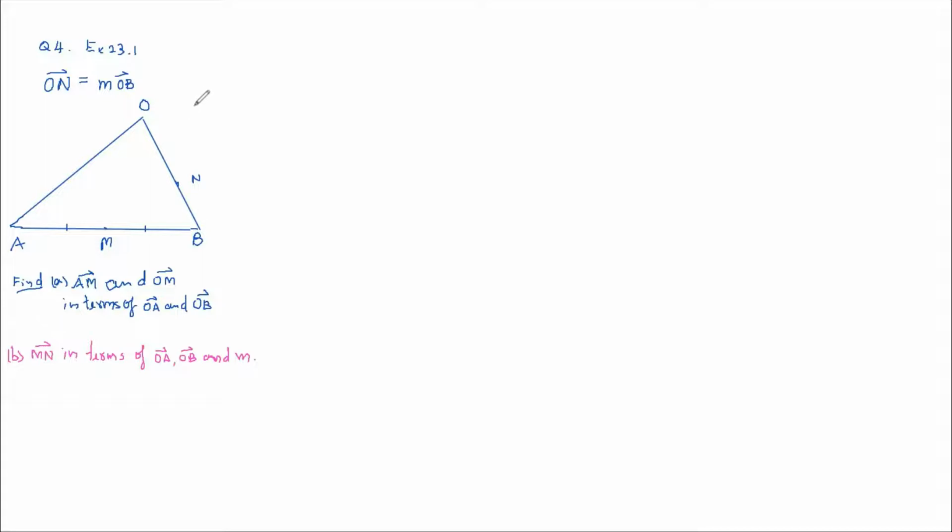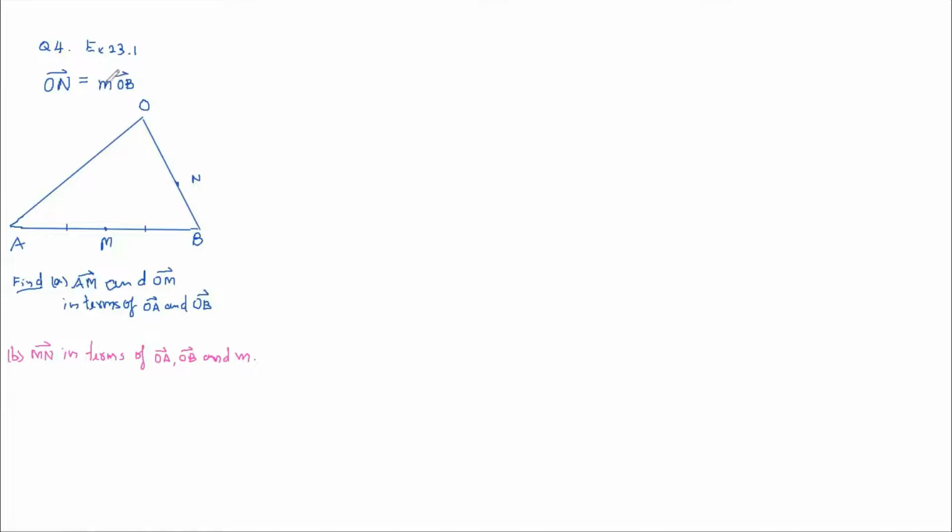The question says OAB is a triangle, M is the midpoint of AB, and N is a point on OB such that vector ON equals m times vector OB.